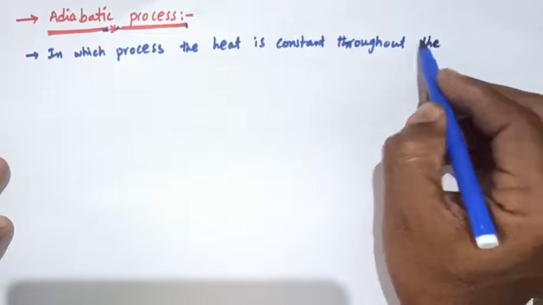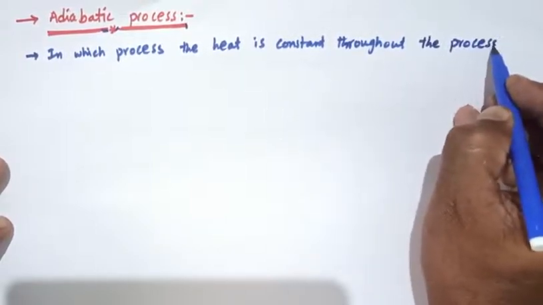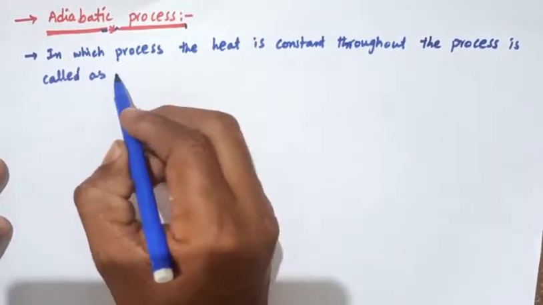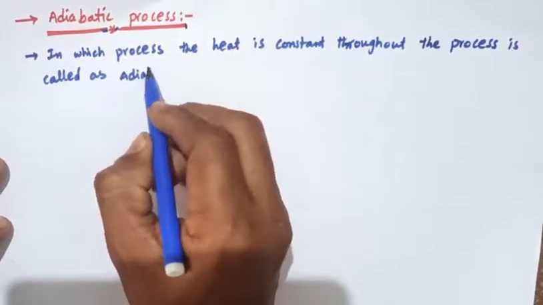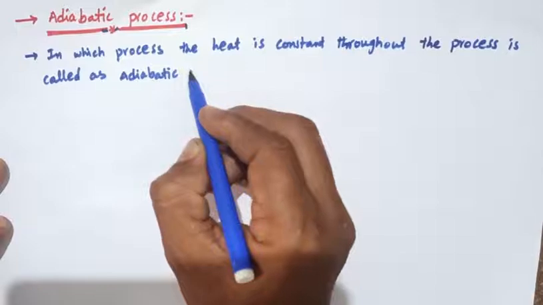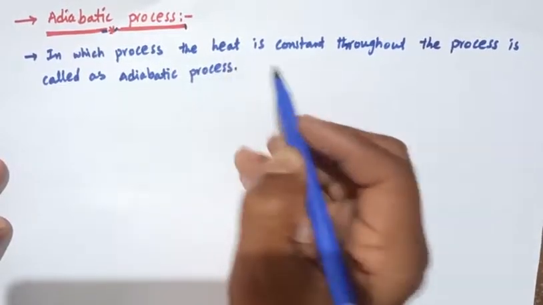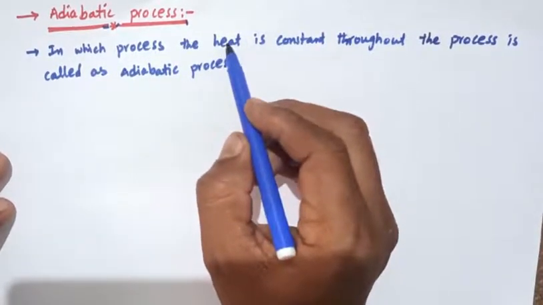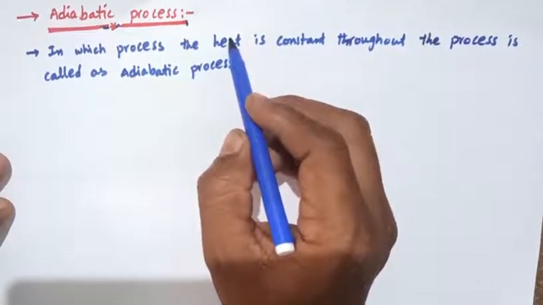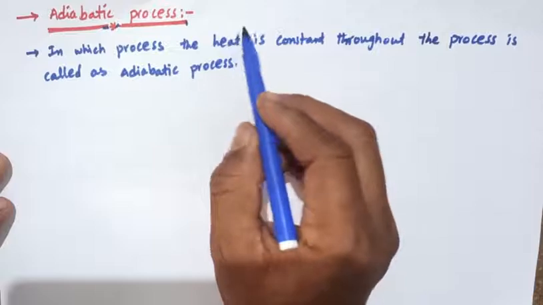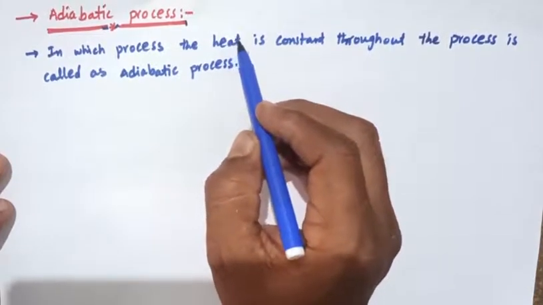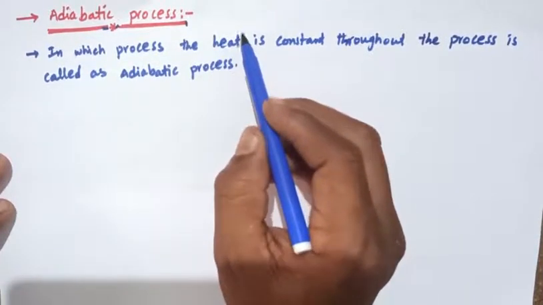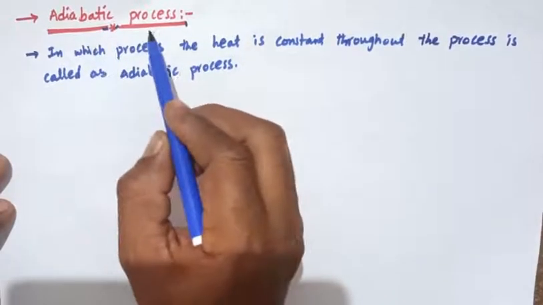The heat is not absorbed from the surroundings and not evolved to the surroundings. Such a type of process is called the adiabatic process.